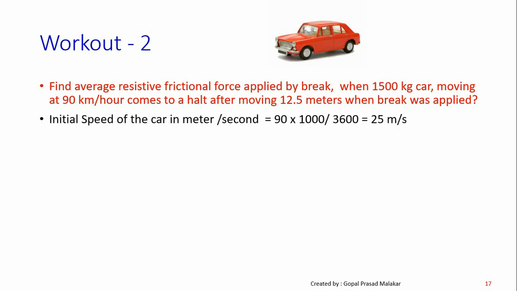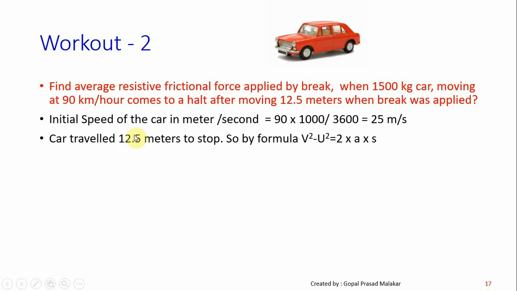So what is the initial speed of the car in meter per second? You convert kilometer into meter by multiplying by 1000, and hour into second by dividing by 3600. That gives you 25 meter per second as the initial speed. The car traveled 12.5 meters to stop.